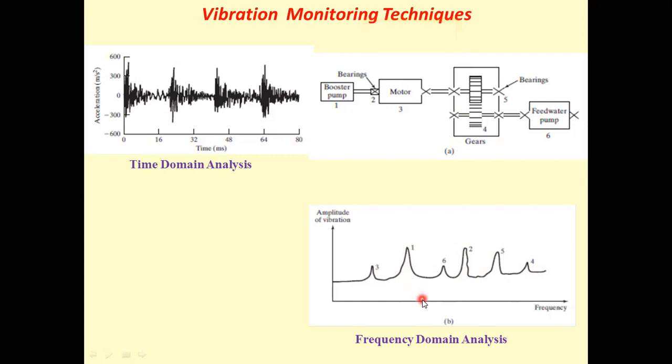The vibration response of a machine is governed not only by its components but also by its assembly, mounting and installation. So the frequency spectrum provides useful information about the condition of the machine, as the vibration response is governed not only by the components but also the assembly of components, mounting of components and installation of the components.